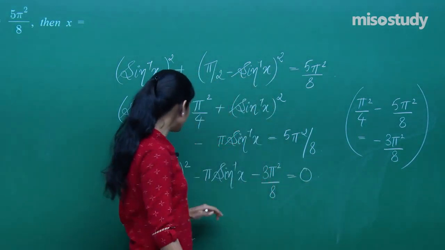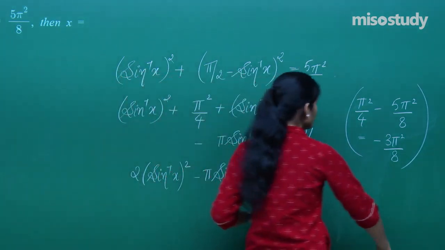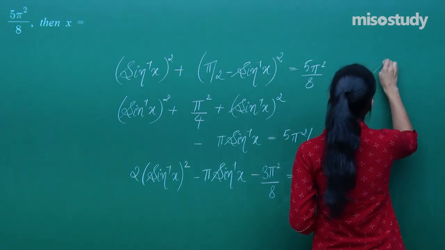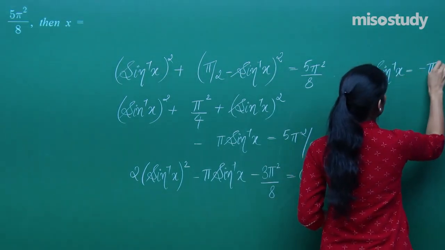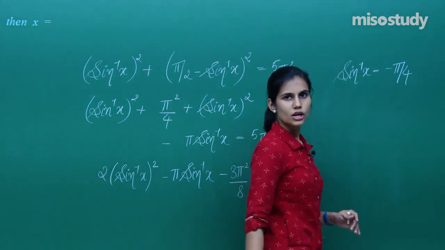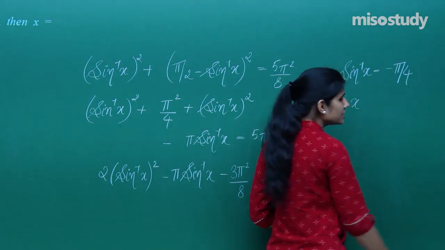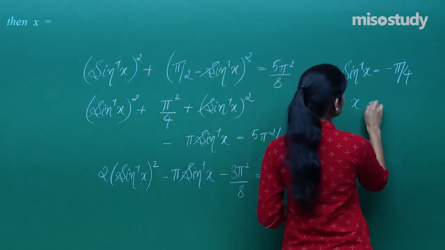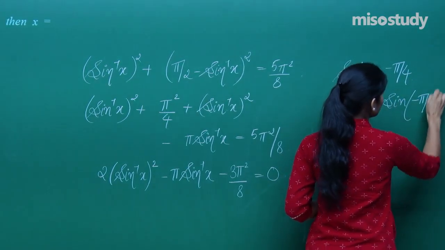You can very easily see this is a quadratic equation in sine inverse x. On solving, you are very easily going to get sine inverse x equals minus pi by 4. So, very conveniently, because this is lying in the principal domain of sine, which is the closed interval minus pi by 2 to pi by 2, x comes out to be equal to sine of minus pi by 4.